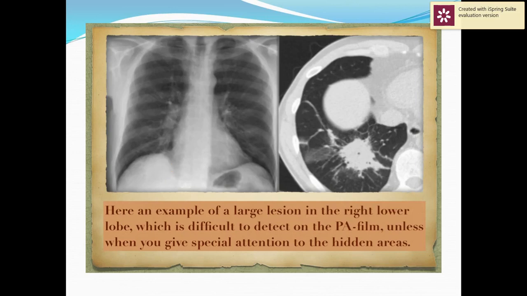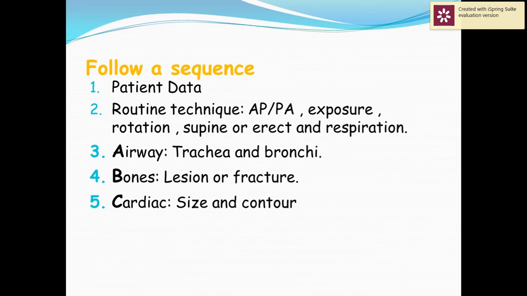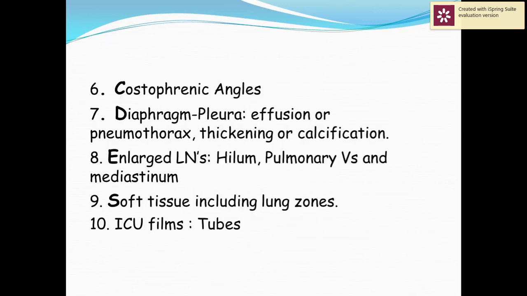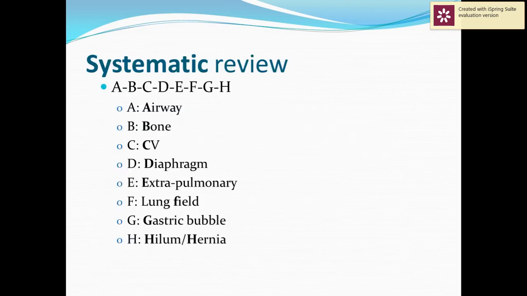It is considered a hidden area, which is very important to check for any lesion. Again, the sequence: data, routine technique, airway, bone, cardiac size, costophrenic angle, diaphragm, enlarged lymph node, soft tissue.